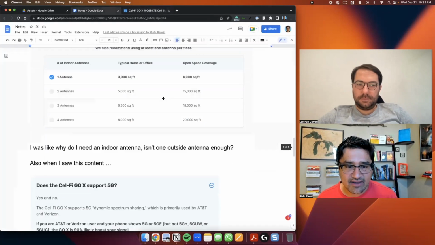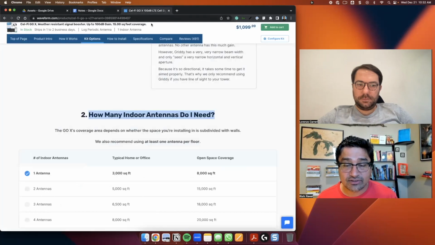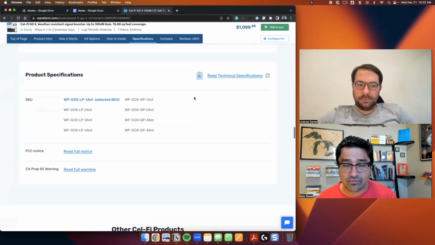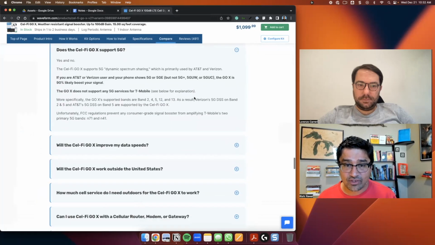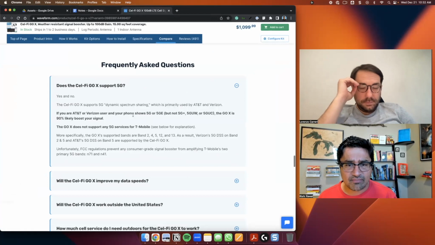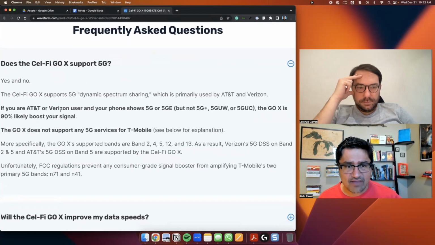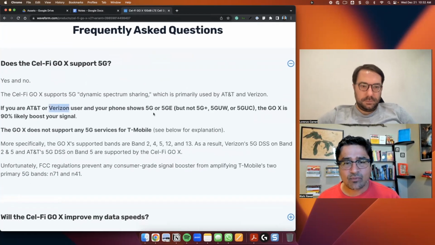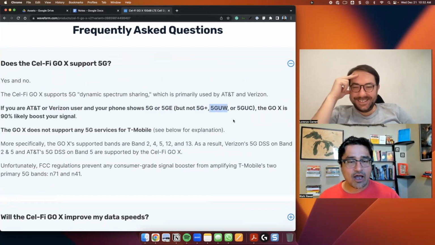Another thing that I think is also confusing is that I really care, of course, about my cell phone carrier. So when I was reading this description, I have Verizon, so this checks out. And they say, well, if you have 5G or 5GE, but not 5G Plus or 5G UW or 5G... And I'm thinking to myself, wait a minute.